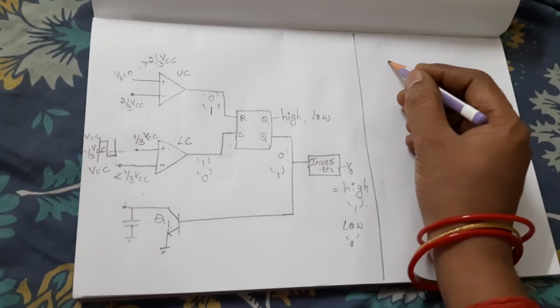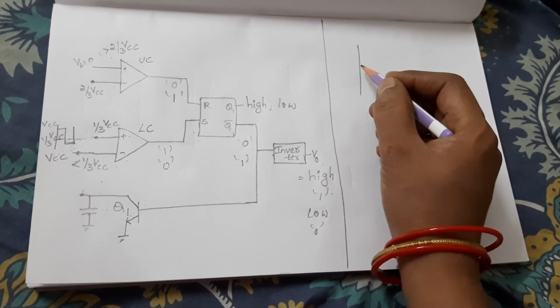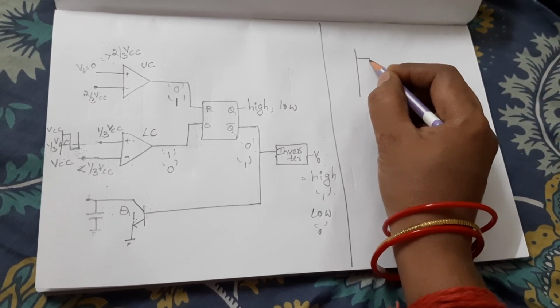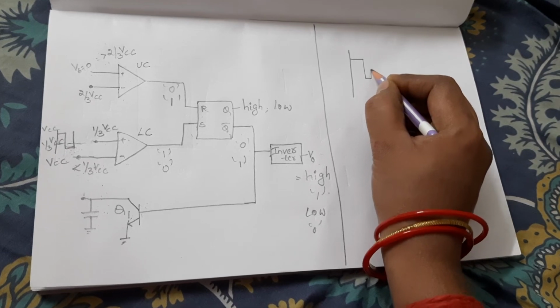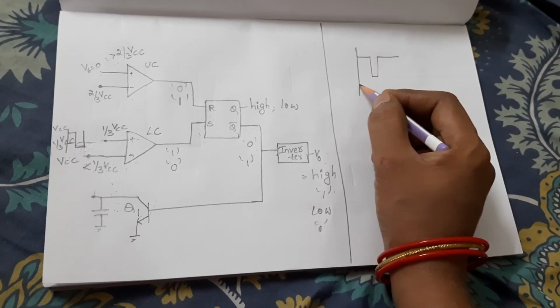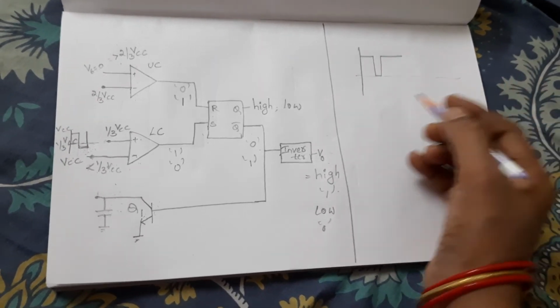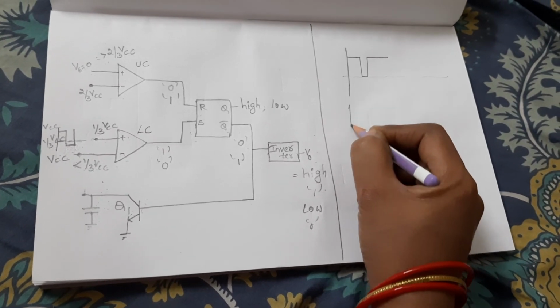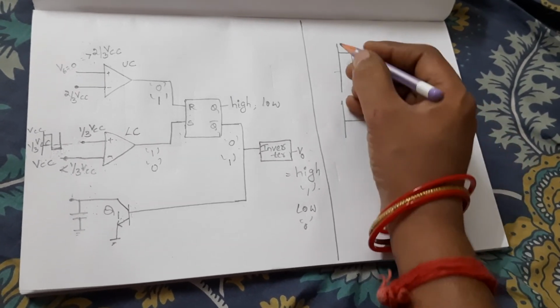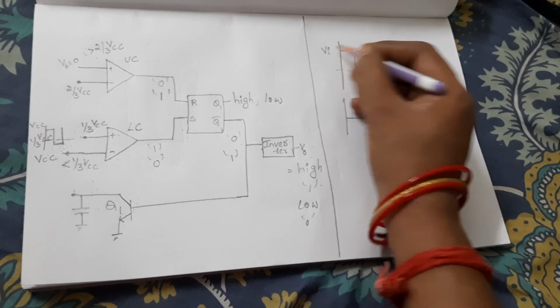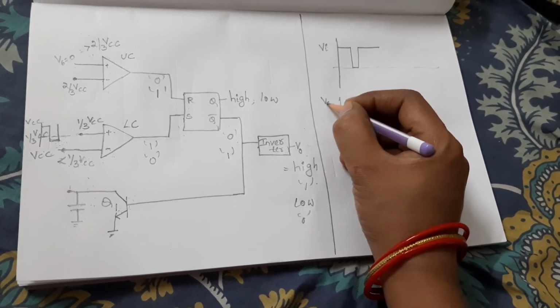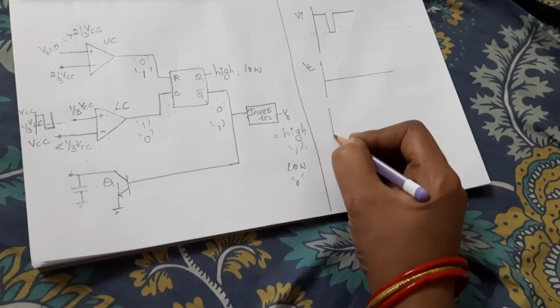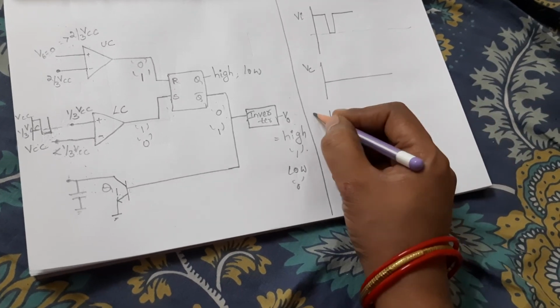See the observation. This is the triggering pulse we are giving, let it be Vi. This is the capacitor output and this is the V0.